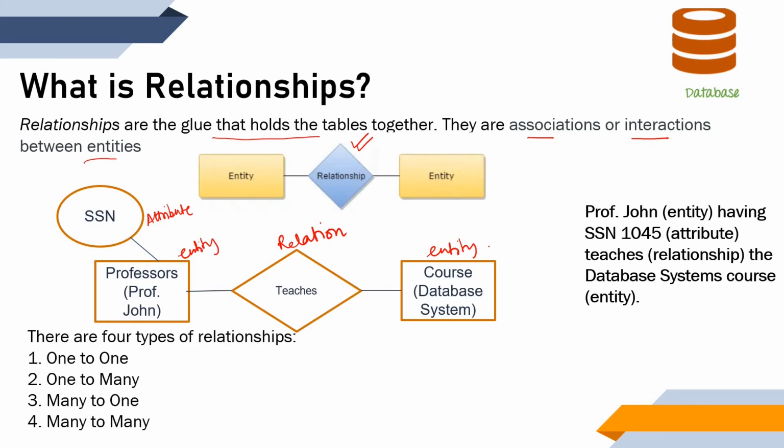So this is called the relationship. There can be 4 types of relationship: one-to-one, one-to-many, many-to-one, and many-to-many. My dear learners, I don't want to discuss these types of relationship in detail in this particular lecture, otherwise it will be a long lecture. So in my future lectures, very soon we will discuss these relationship types.